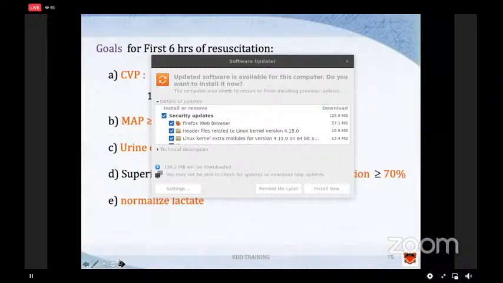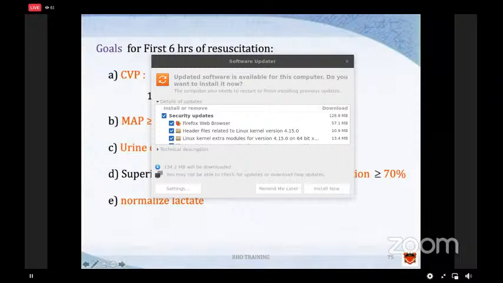Right. If you remember, I said the resuscitation bundle is a set of interventions implemented at once over a period of time. What is the period of time you are waiting for? Normally 4 to 6 hours. You need to achieve targets during these hours to see whether your patient is improving or deteriorating with these interventions.